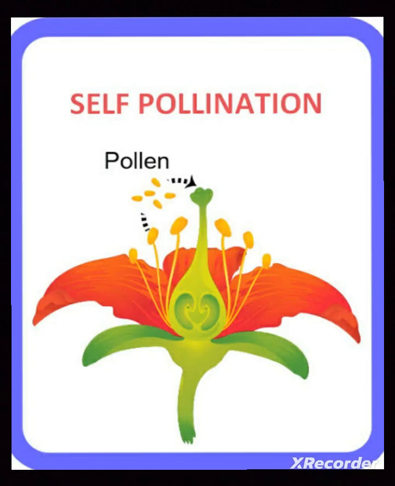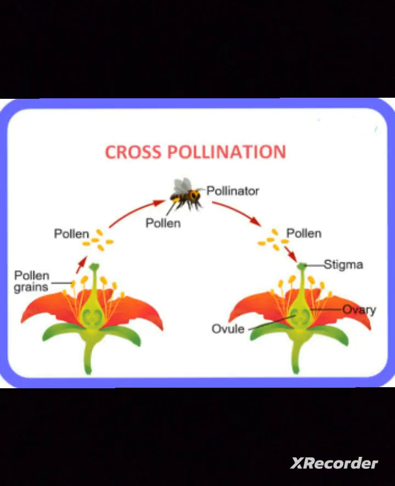If this transfer of pollen occurs in the same flower, it is referred to as self-pollination. On the other hand, if the pollen is transferred from one flower to another, it is known as cross-pollination. This transfer is achieved by agents like wind, water, or animals.